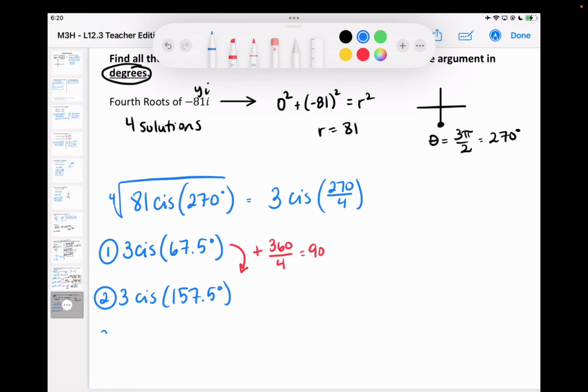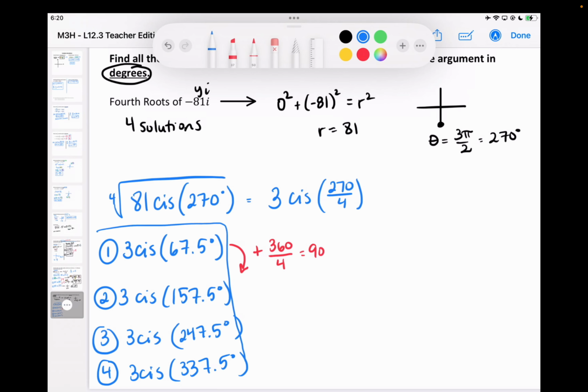And then I just keep adding. So next one would be 3 cis. If I add another 90, I get 247.5 degrees. And then the last one, I'll add another 90. So 337.5 degrees. And then I'm done. Those would be my solutions for this one.